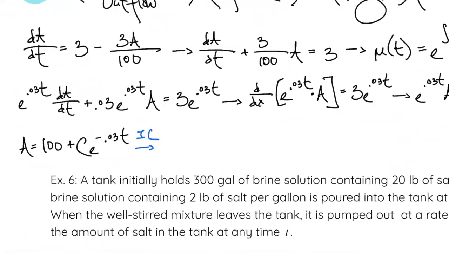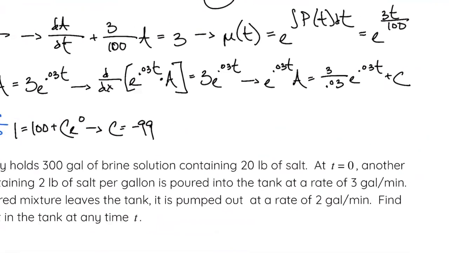I plug those in, I get 1 equals 100 plus C e to the 0, and we're going to end up with C equals negative 99. That gives us a final function, A of t, the amount of salt, as 100 minus 99 e to the negative 0.03t.